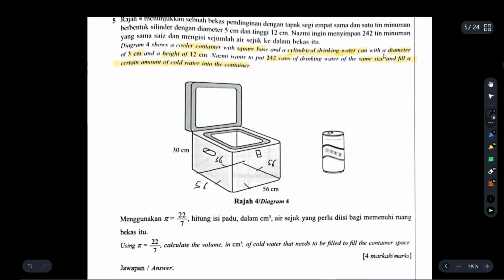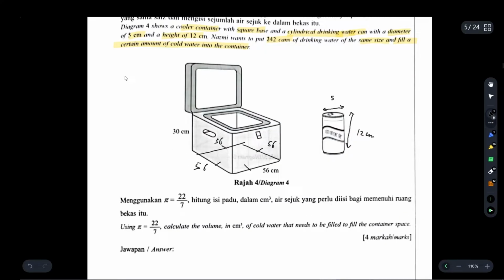So let's see. We have the can with a diameter of 5 centimeters. This is kind of ugly, I'm just going to draw it like this, 5 centimeters, and the height of 12 centimeters. First of all, we need to find the volume of these two things, the container and the can. So what are the formulas?